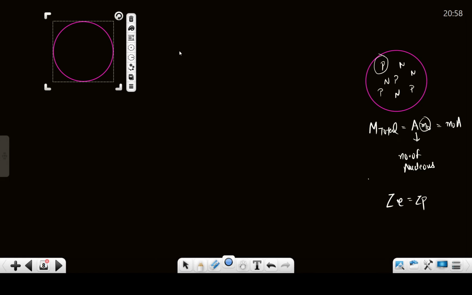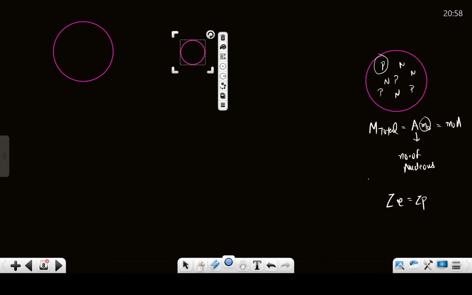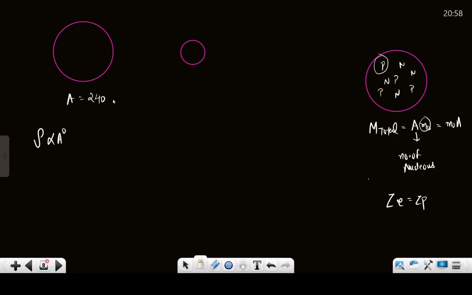If the density does not depend on atomic mass, then suppose we have one atomic mass as 240 or something, and here we have another atomic mass which is likely to be 60 or 70 something. Then the density of this nuclei and the density of this nuclei are going to be the same.